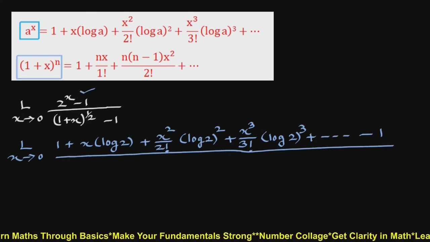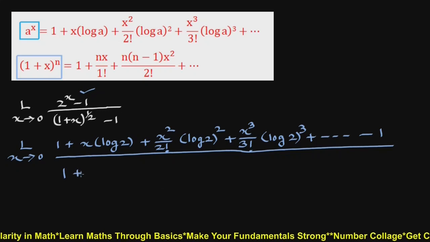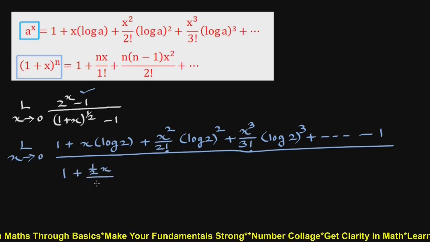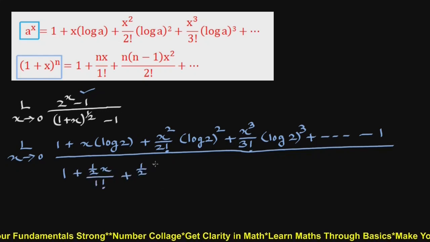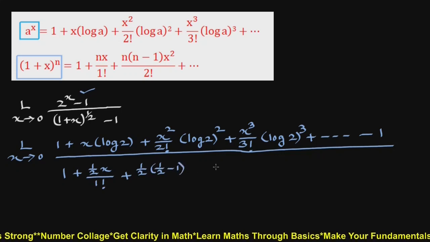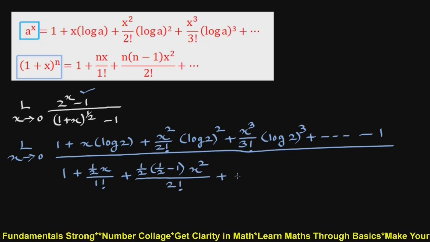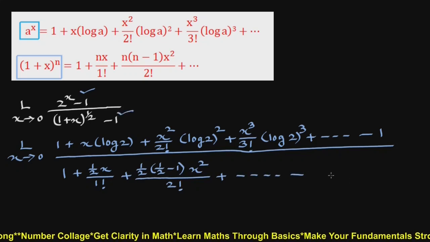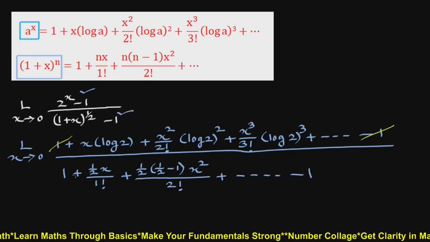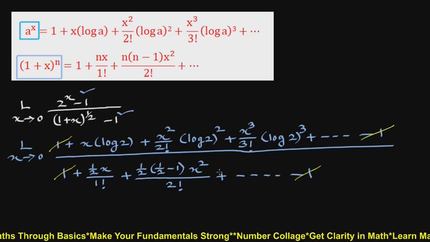From this expansion, it will be 1 plus half x upon 1 factorial plus half into half minus 1 x square upon 2 factorial plus so on and so forth, minus 1. This 1 minus 1 is also 0.